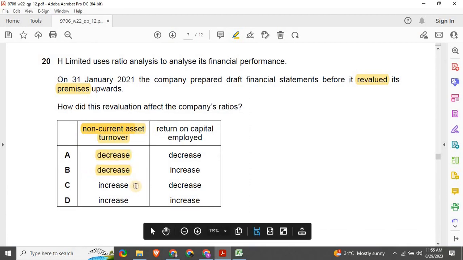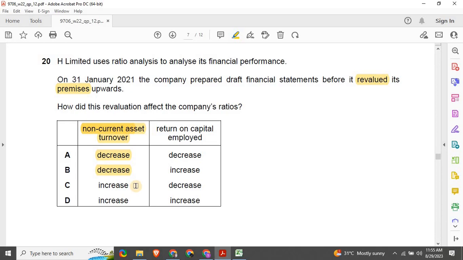Now the next one is return on capital employed. The formula for return on capital employed is profit from operation divided by capital employed. So capital employed is all the amount that we have invested in the business, either from internal or external sources.